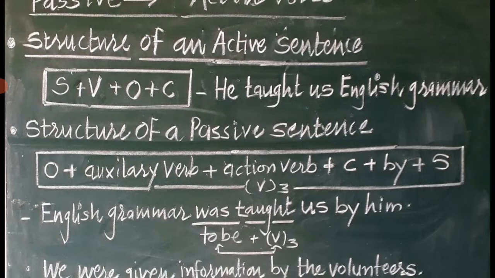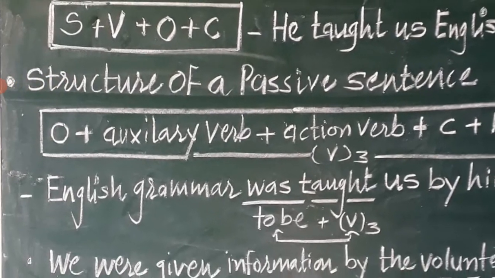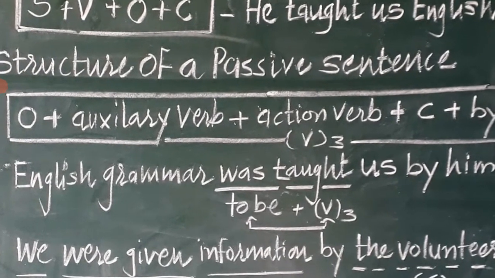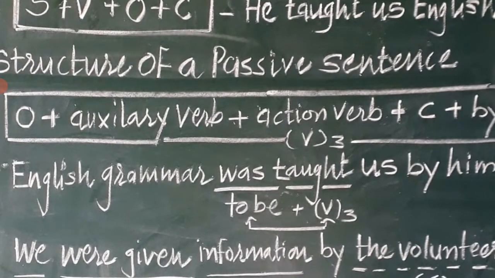Now, another structure, that of a passive sentence. A passive sentence is one wherein the object is given the preference. So, the object is at the first place. Afterwards, an auxiliary verb. The auxiliary verb may be of to be or to have or the modal auxiliary as per the original sentence.